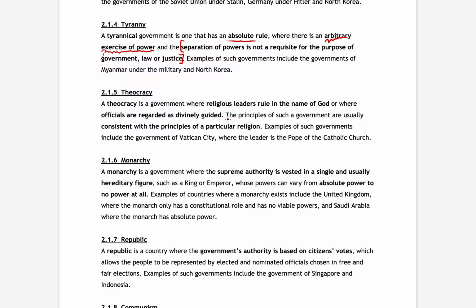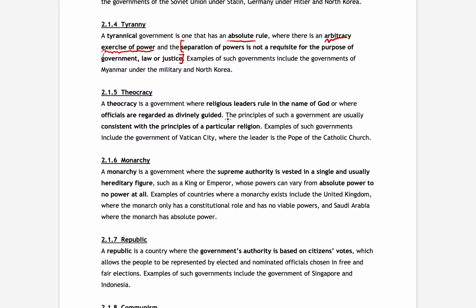For example, one such government is the government of Vatican City. Fun fact, Vatican City is the smallest country in the entire world, being wholly located in the city of Rome in Italy. Now, the leader of Vatican City is obviously the Pope of the Catholic Church, right?